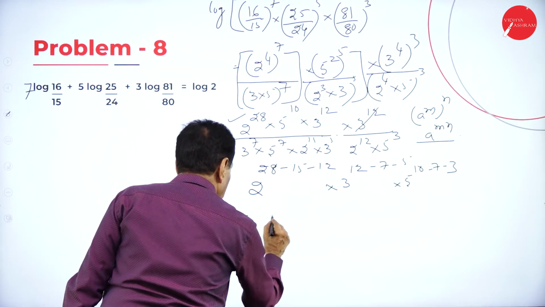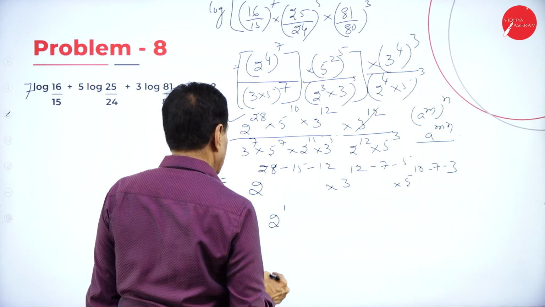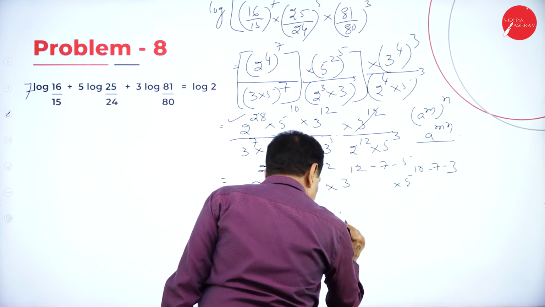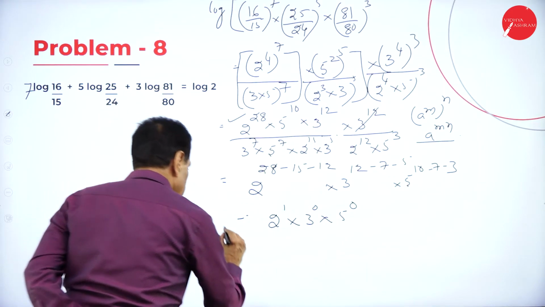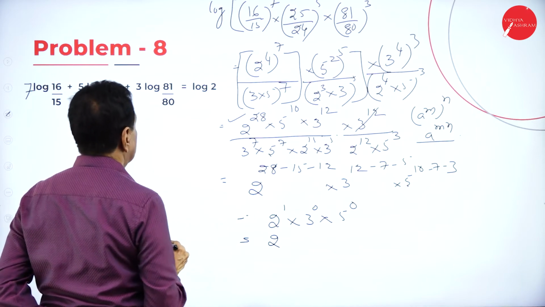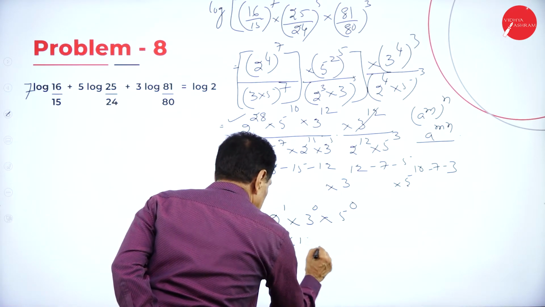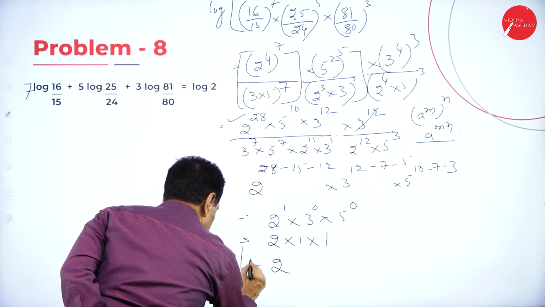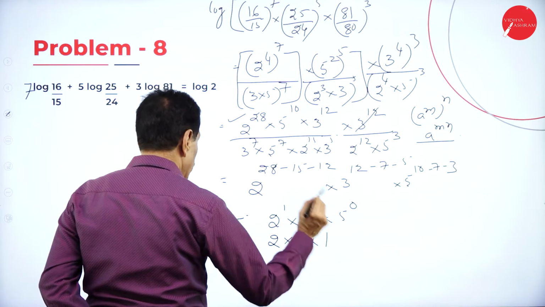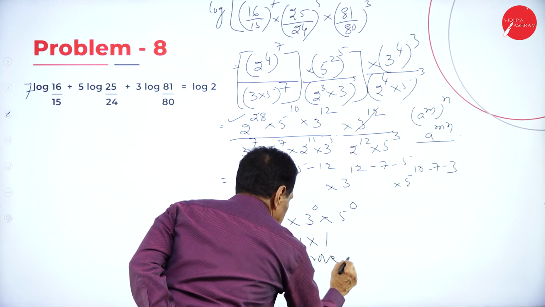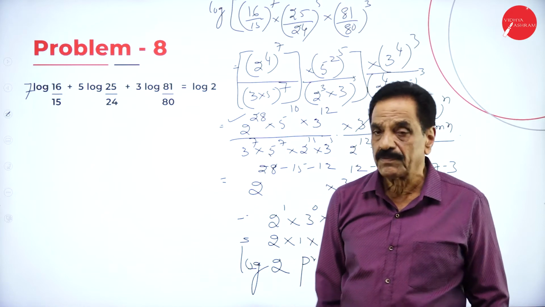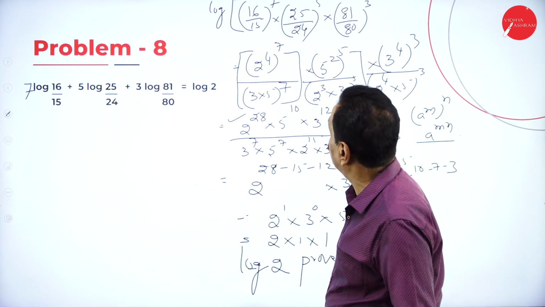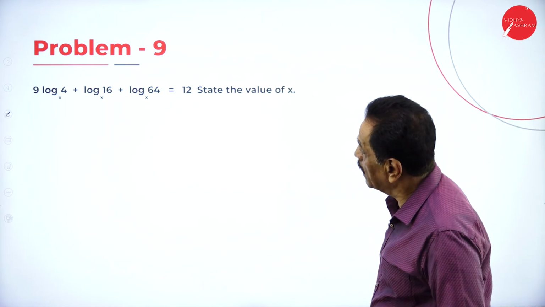This is 2 to the power of 1 into 3 to the power of 0, 5 to the power of 0. This is nothing but 2 into 1 into 1. This is nothing but log 2. Proved. Slowly I have simplified. Good.